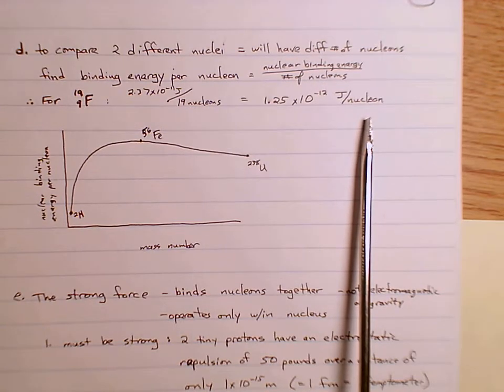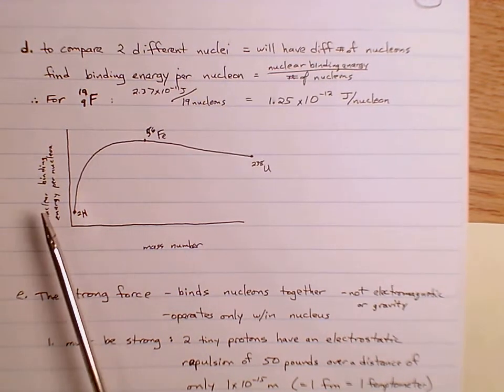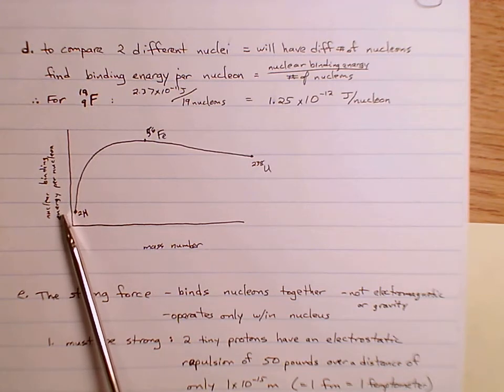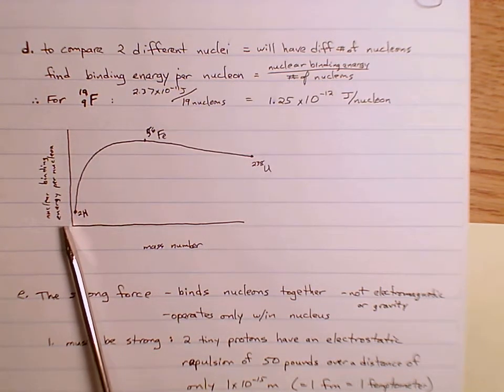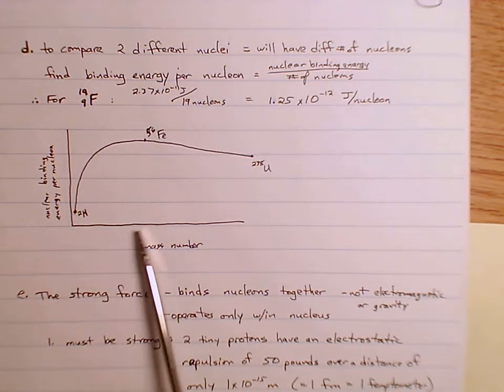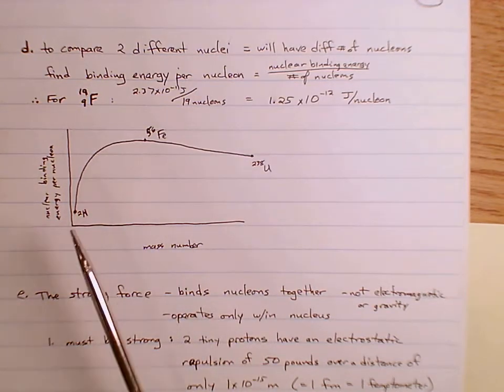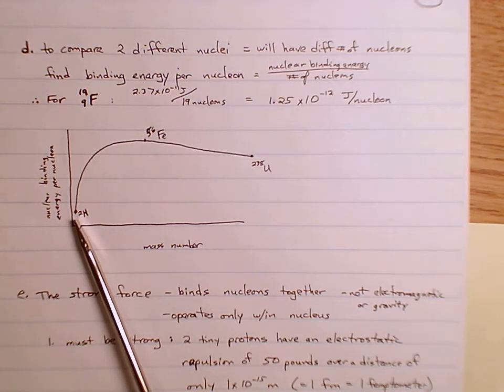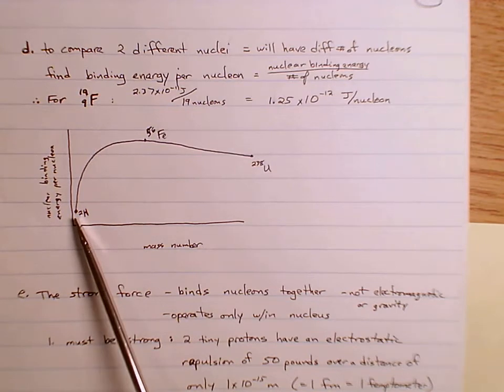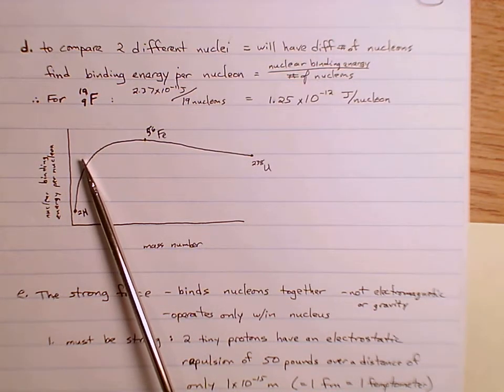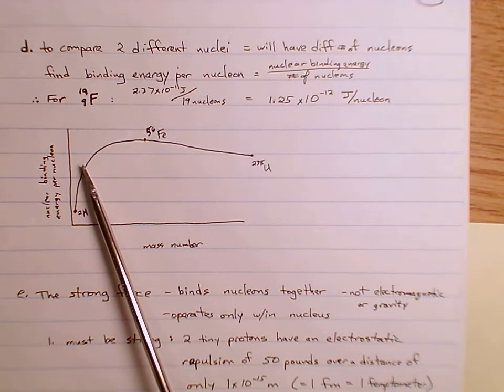All right, and so then if we do a graph of the nuclear binding energy per nucleon on this axis and the mass number on this axis, we find that hydrogen or deuterium is way down here. It's not on my little graph, but helium would be right about up here.